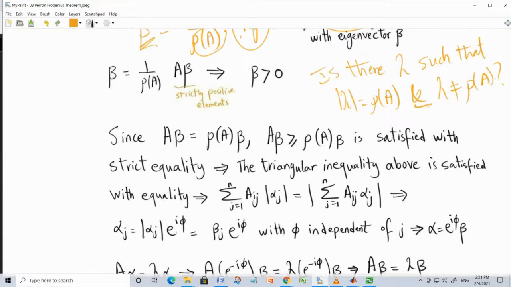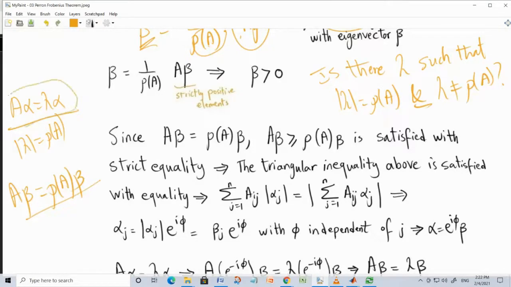We started with a lambda. Our first step in the proof is basically A alpha is equal to lambda alpha, right? So we took a vector alpha that is an eigenvector associated with lambda, and lambda was an eigenvalue such that the magnitude of lambda is equal to rho of A. And then we used this vector beta, which is the magnitudes of alpha, to show that we have another eigen equation, which is A beta equal to rho of A beta.